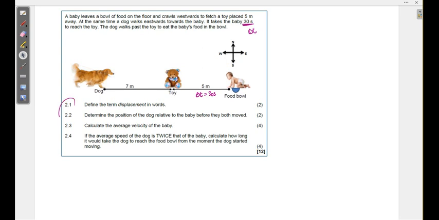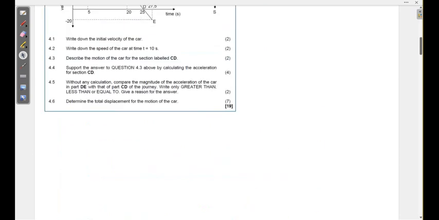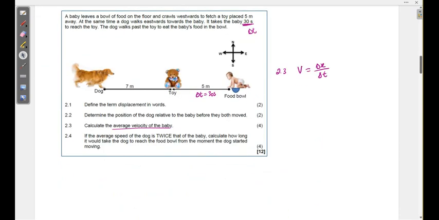Now we did 2.1 and 2.2. This time we'll say 2.3: calculate the average velocity of the baby. For 2.3, we want the velocity of the baby. Well, we know that v is equal to change in x over change in time. Now we know the displacement of the baby, right?